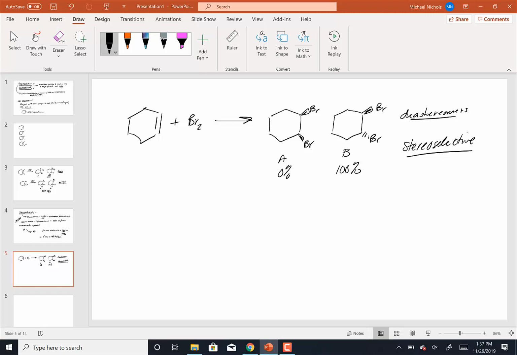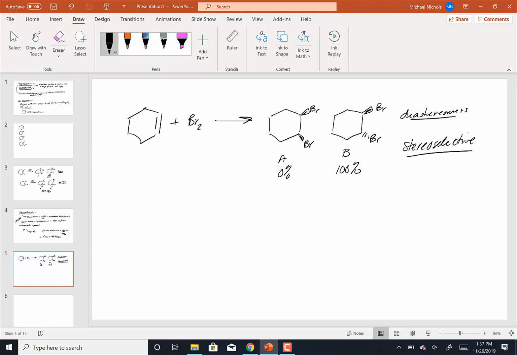Right. So the regio deals with Markovnikov and anti-Markovnikov. So in most cases, you got a secondary versus a tertiary carbocation in the mechanism. Secondary carbocations are stable, so you're going to get a little of that product. So in that case, you're going to get both. But in these mechanisms, it was either all or nothing.